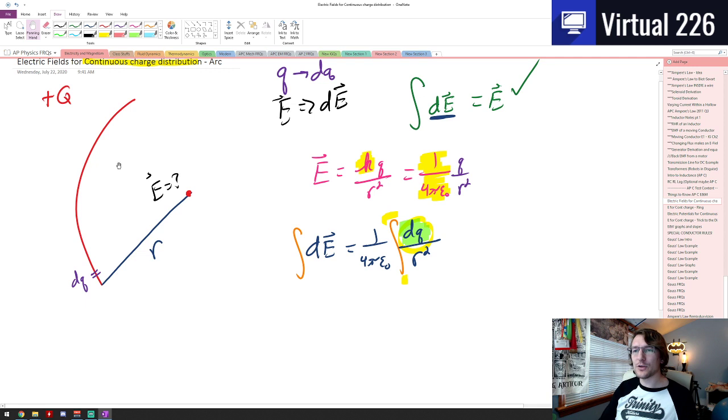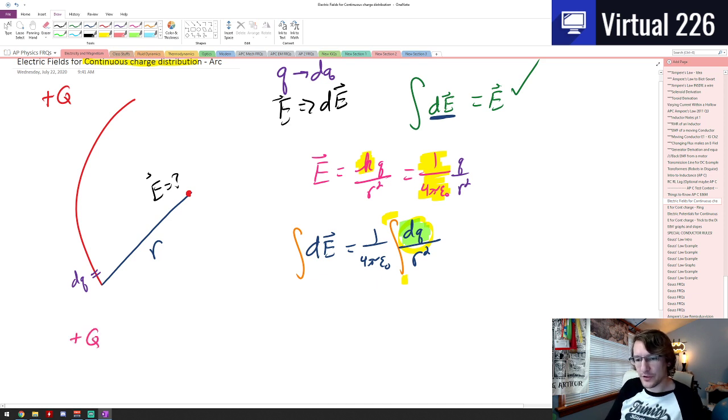If we take a look at this charge distribution, we know it has some charge q across all of it, but we can also think that this entire curve has some length. We can call it some curve, some path, s, whatever, but it's got a length. What this means is that it has some charge density.